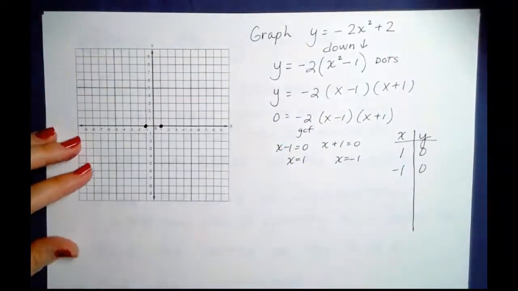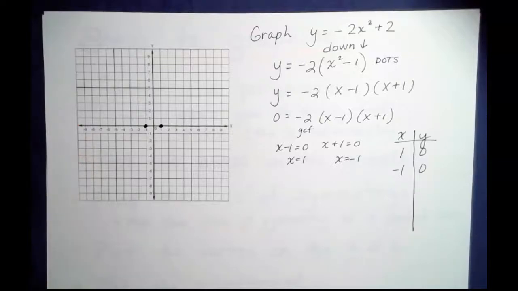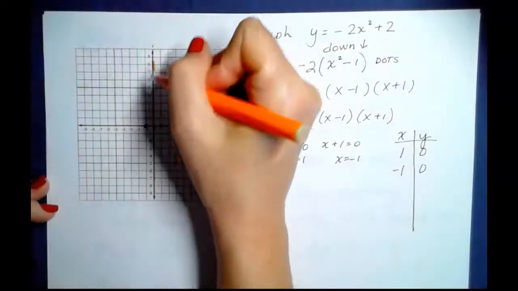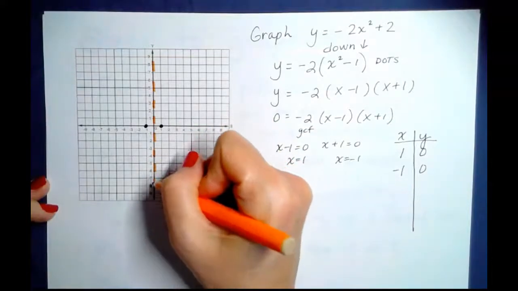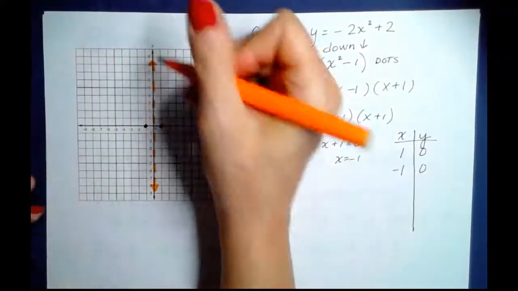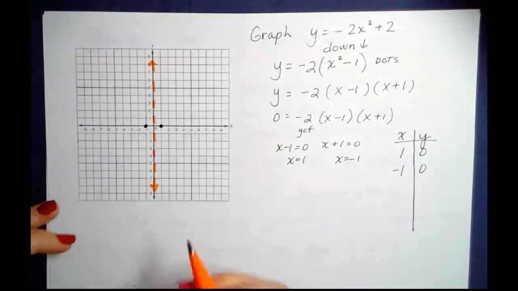There they are. And directly in the middle, in between those 2 points, is the axis of symmetry. In this particular graph, our axis of symmetry is on the y-axis.